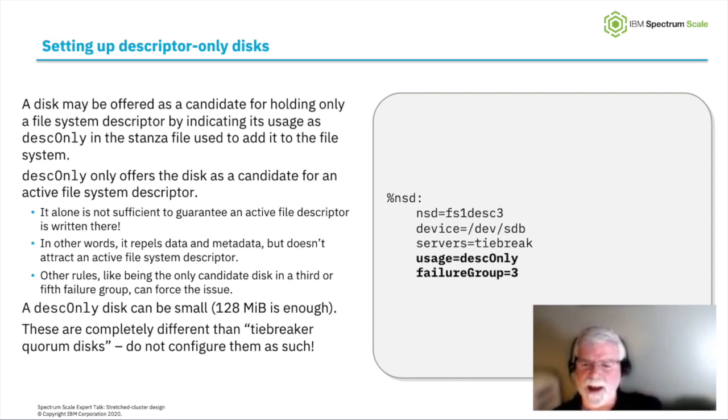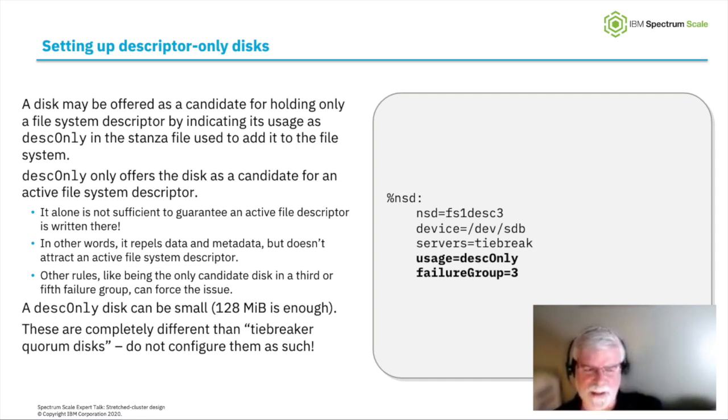One other point, these active file system descriptors can appear on disks of any pool. So even though, strictly speaking, they're metadata, they don't necessarily land on the system pool. And for that reason, you need to be sure if you're setting up a stretched cluster, you're using exactly 3 failure groups.